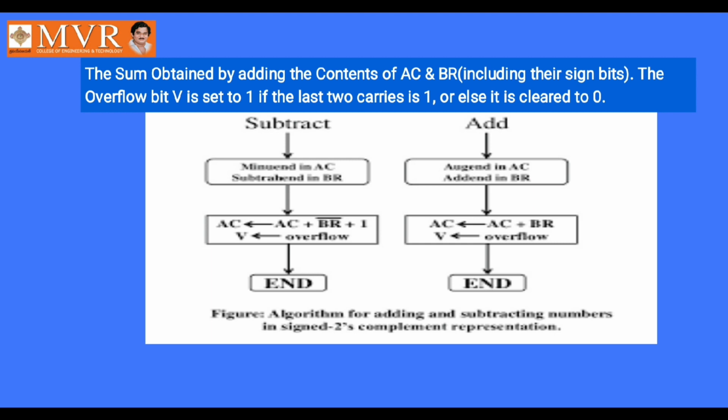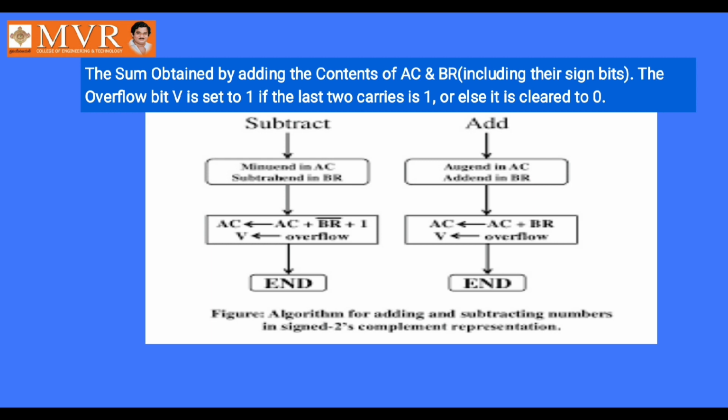There is no need to go for the complement method or two's complement method. By performing these two operations, subtraction and addition, for two's complement, it is very simple compared to the previous flowcharts. The previous flowchart had an XOR operation and something else, and it was a little bit complicated, but this flowchart is very easy to implement and also very easy to understand.